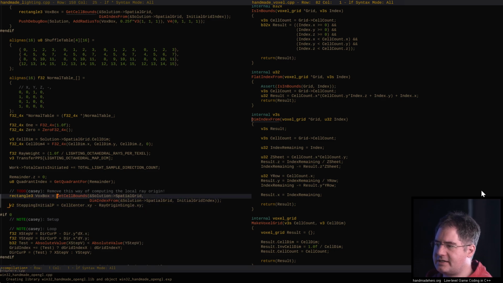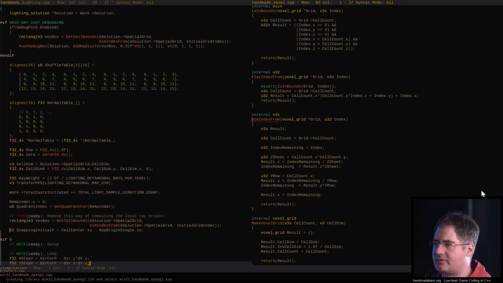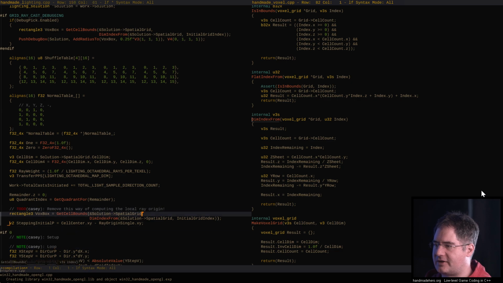So we don't really need get cell bounds. We just need get cell center. I mean, probably we don't care because, like I said, right now we're just reverse engineering this for testing purposes anyway. So I would assume that this is fine.